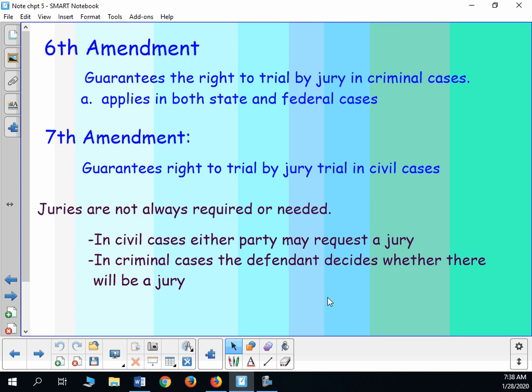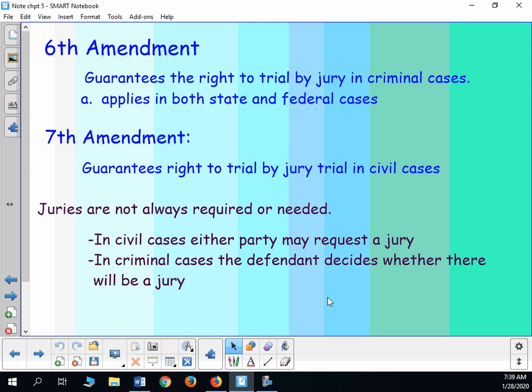All right, so we're going to start off by first looking at the Sixth and Seventh Amendment. If you remember from government class, we talked about this when we were looking at the Bill of Rights. In fact, in my government class, that's what we're working on right now, the Sixth and Seventh Amendments. So let's look specifically. The Sixth Amendment guarantees the right to trial by jury in criminal cases, and this applies in both state and federal cases.